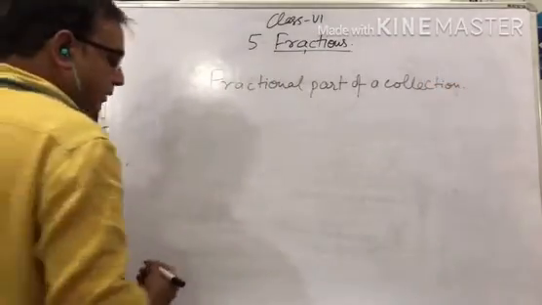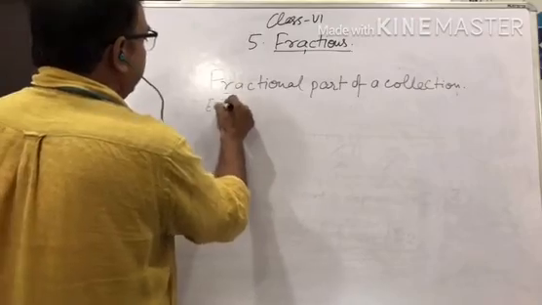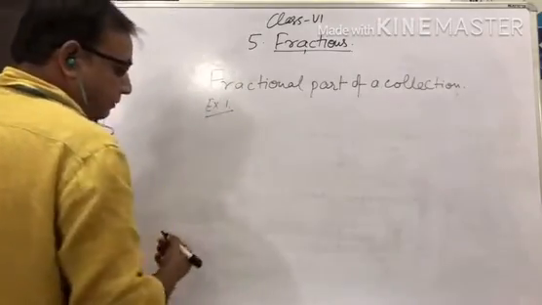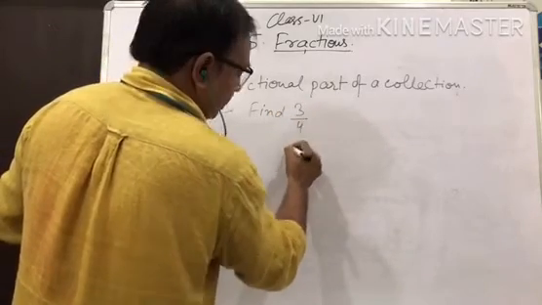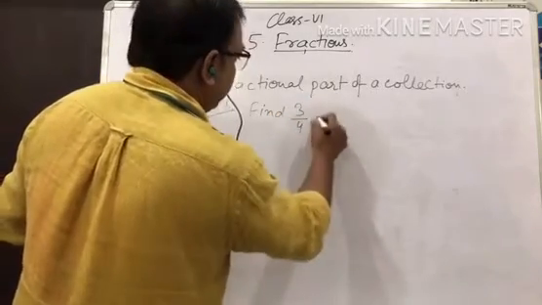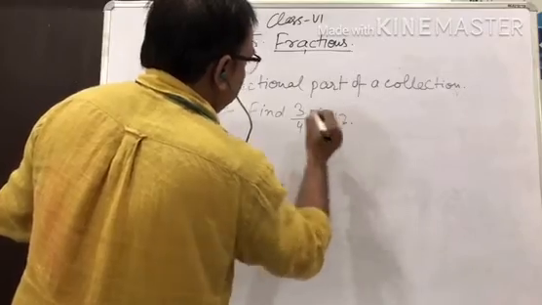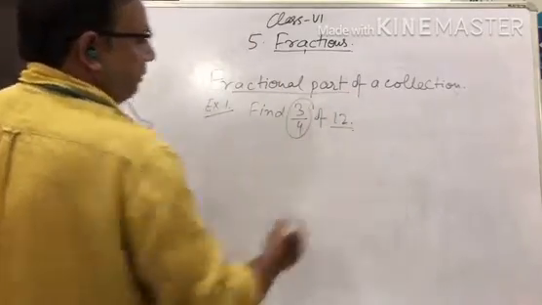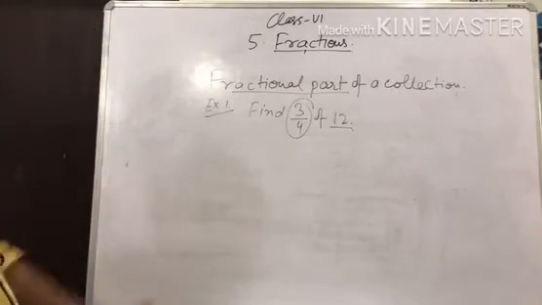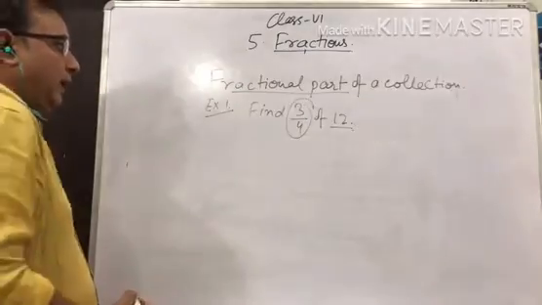Suppose this is the example given in our book, you can check. Find 3 upon 4 of 12, meaning fractional part. This is the fractional part and this is the whole number. So we have to find 3 upon 4 of 12.